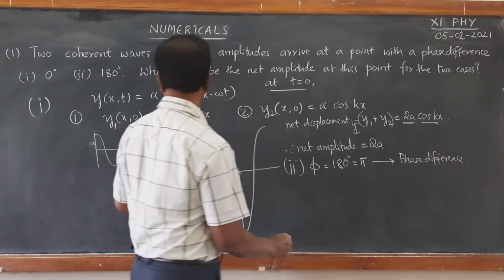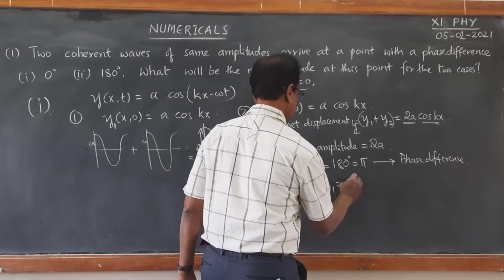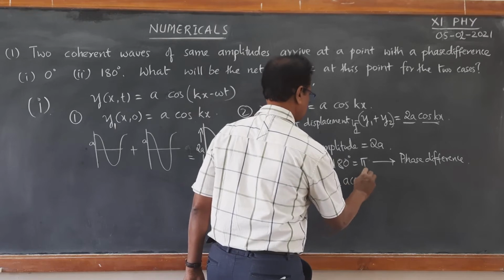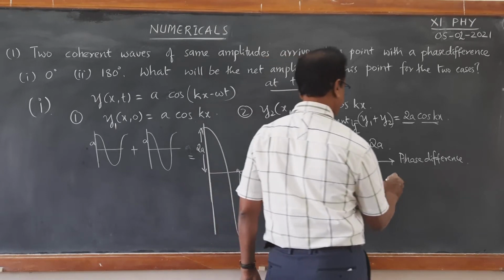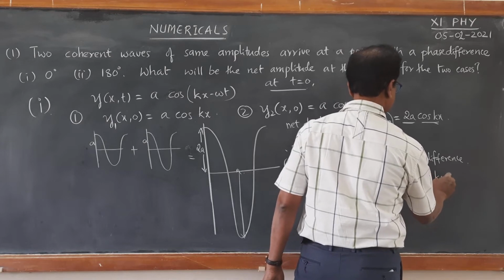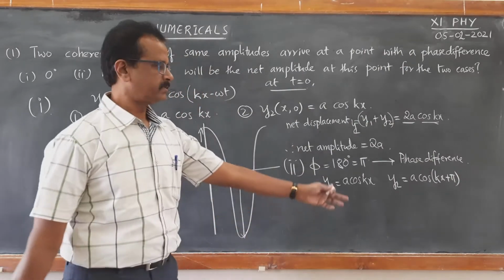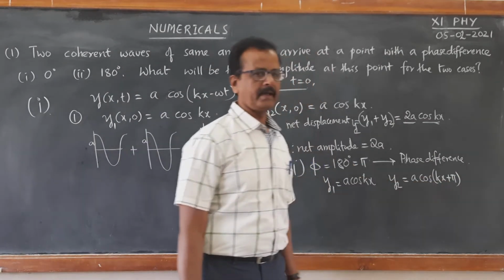If one is a cos kx, another one will be a cos(kx plus pi), so that you can see the phase difference here is pi.